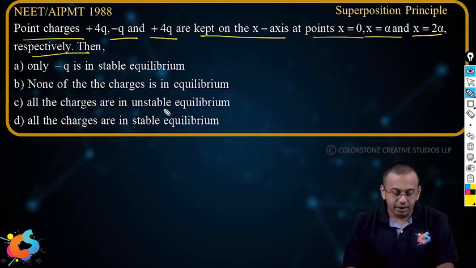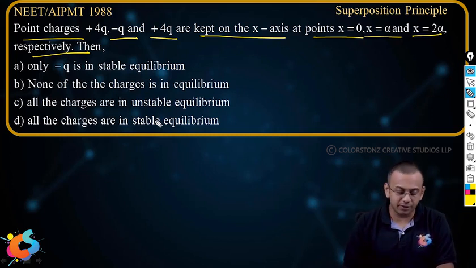Then, four options are there. We have to check each of them. Only minus q is in stable equilibrium, none are in equilibrium, all are in stable equilibrium, all are in unstable equilibrium, or all the charges are in stable equilibrium.